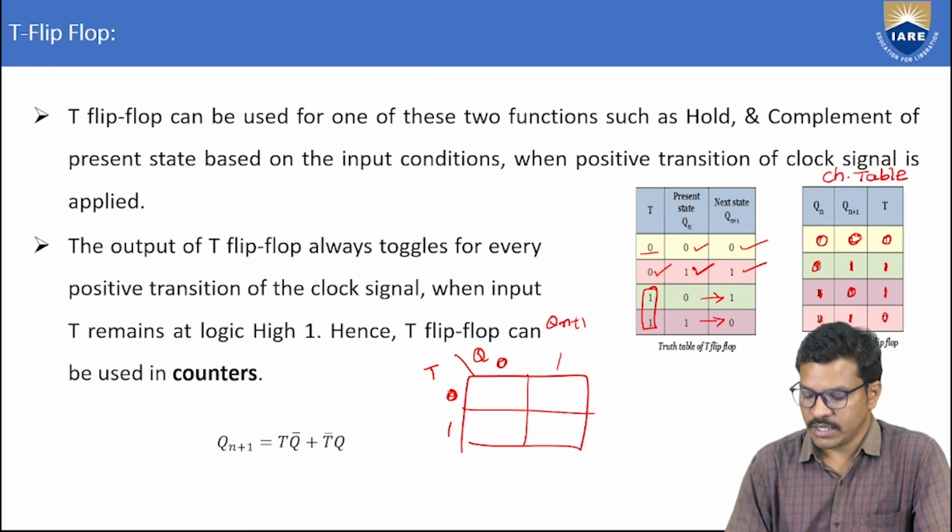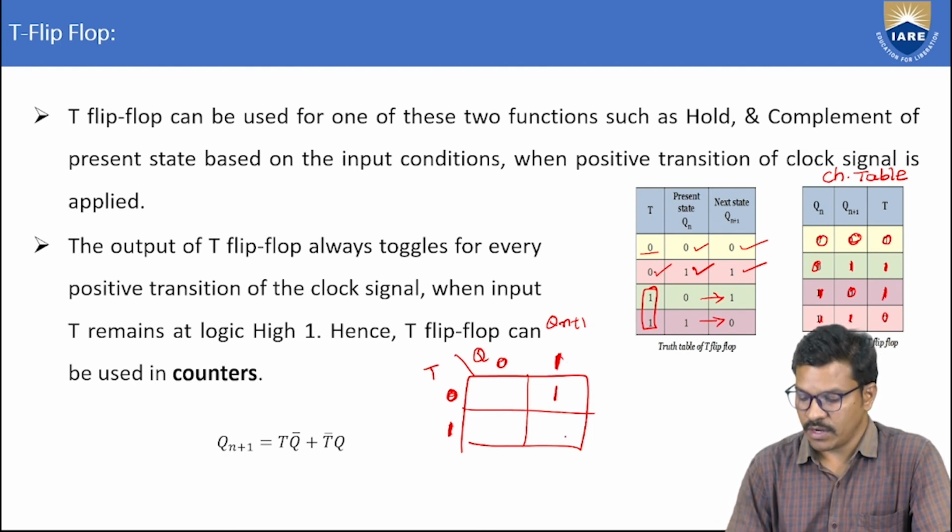T is 0, present state is 1, next state is also 1. Make this one. And T is 1, present state is 1, output is 0. No need to consider.